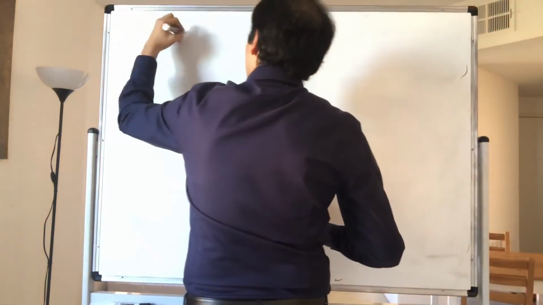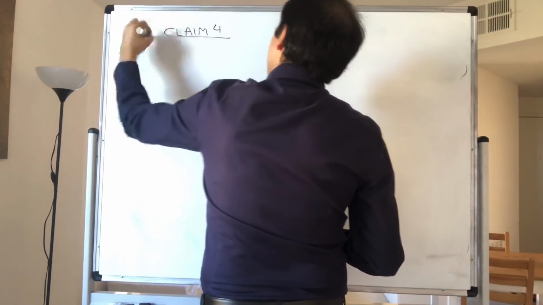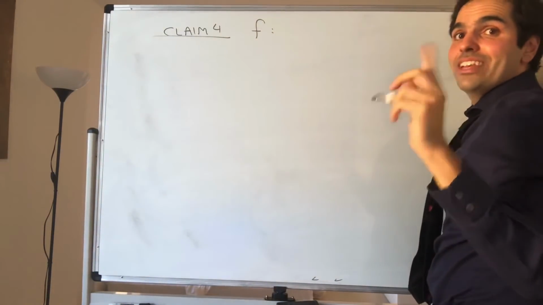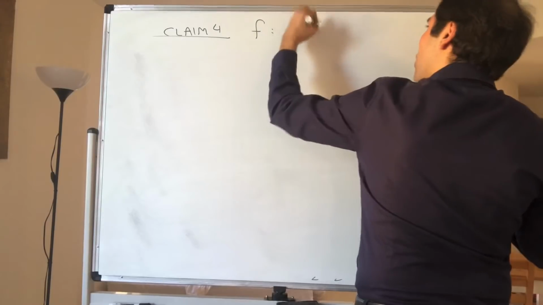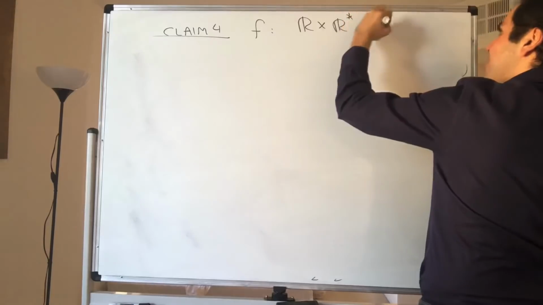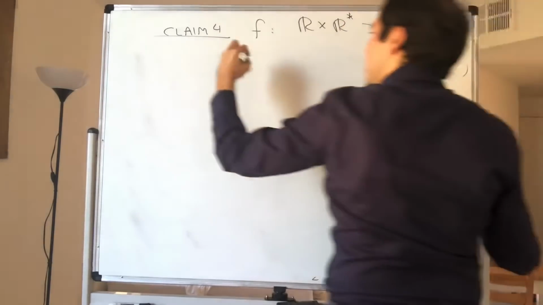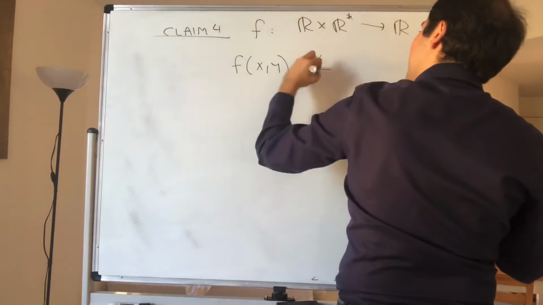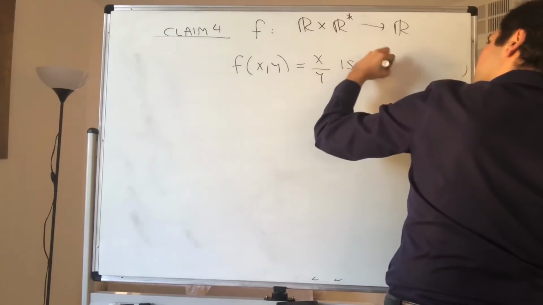So claim 4, show that f, and again, remember, you can't divide by 0, so it's not R squared, but it's R times R star, so without 0, to R, and f of (x, y) equals x divided by y is continuous.